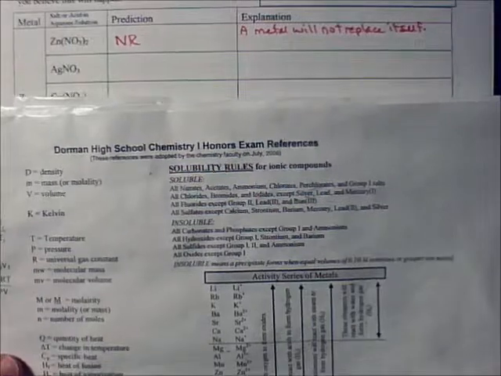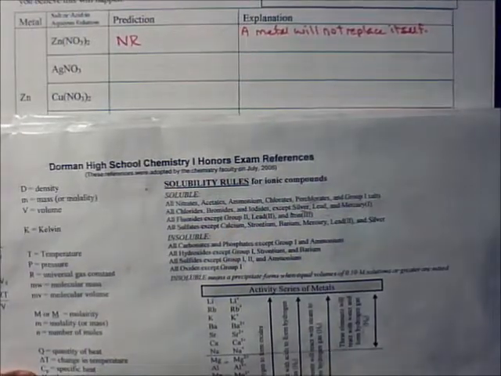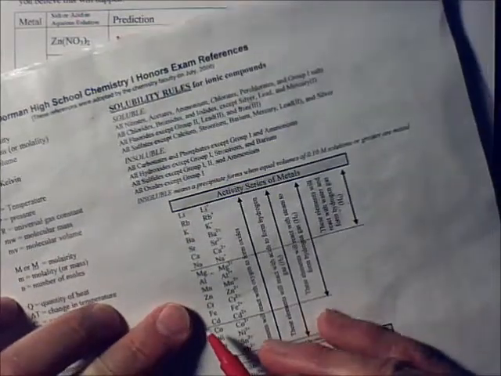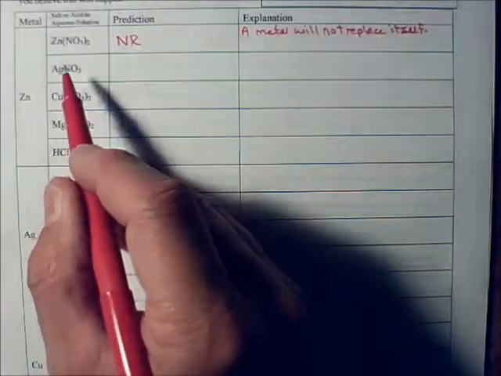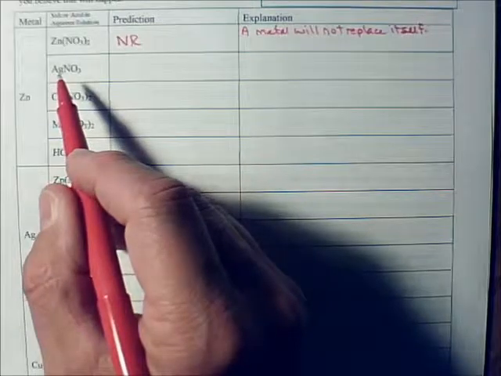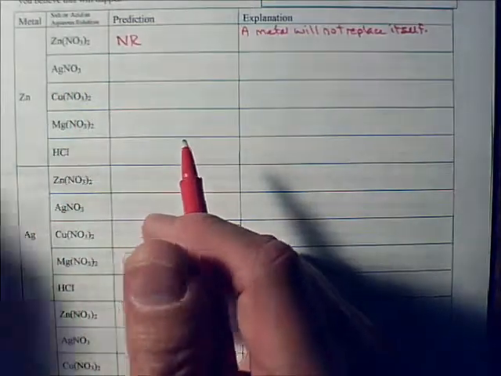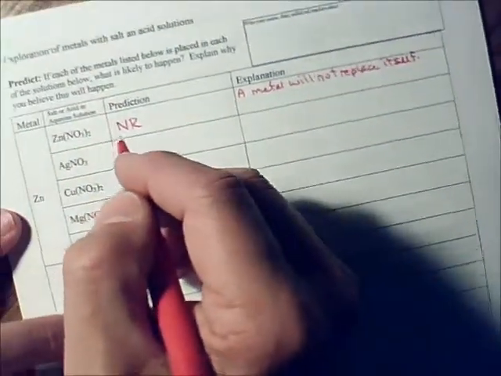Okay? We've got zinc, and zinc is right here, and silver's way down here. Is zinc higher than silver? Yep. Zinc is by itself. Silver's in the compound. You can call it box it out. It's going to knock it out, okay? So there is a reaction.